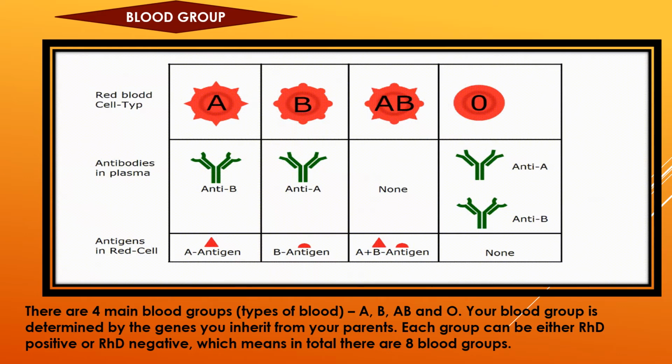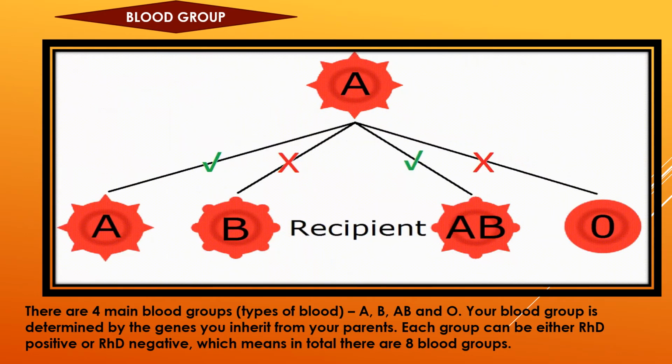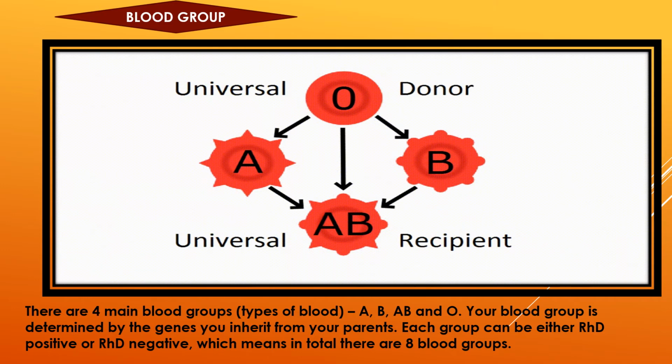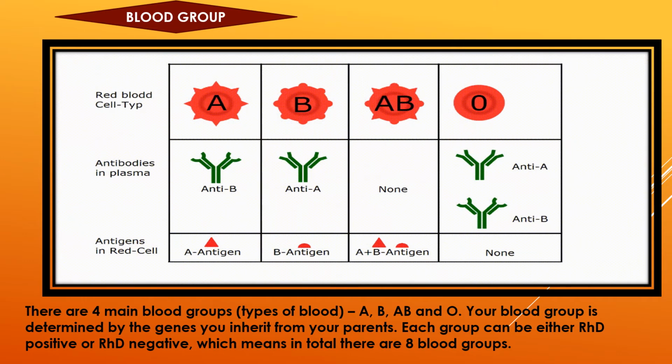In the second slide, recipients AB and O have been shown separately with their proper and individual recipients. And in the last one, universal donor and universal recipient has been shown.